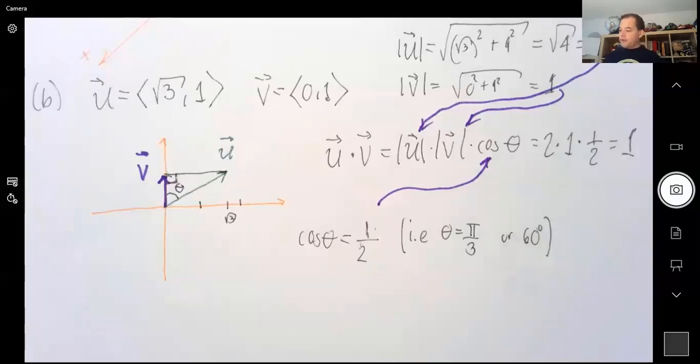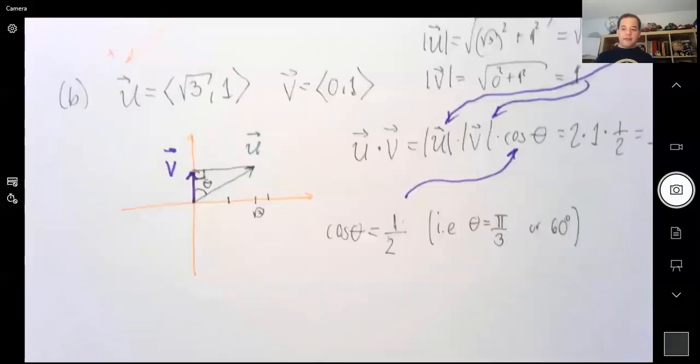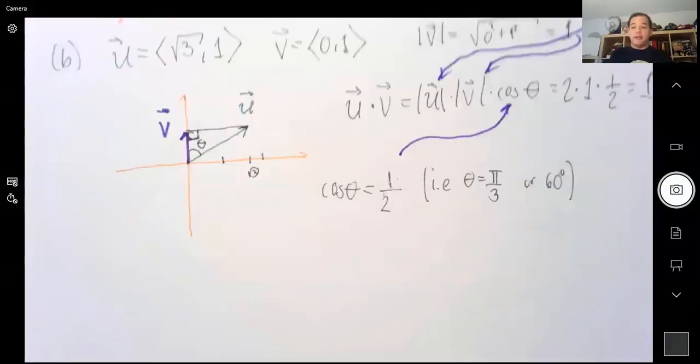Good. So from these two examples, you should be getting the idea that this is going to be hard, right? How do you even get that angle in the first place? So we're going to do a little bit of deducing how we could go around figuring out the angle.